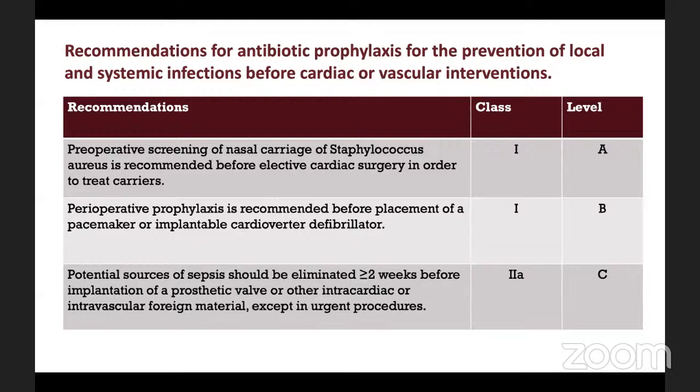And perioperative prophylaxis is recommended before placement of a pacemaker or implantable cardioverter defibrillator, it's class 1B. And potential sources of sepsis should be eliminated more than 2 weeks before implantation of a prosthetic valve or other intracardiac or intravascular foreign material, except in urgent procedures.